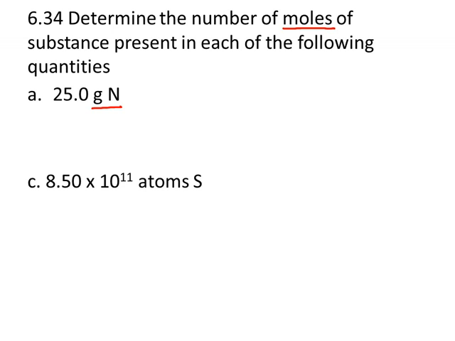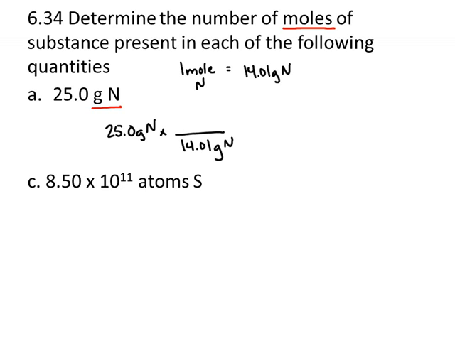So I know that 1 mole of any substance on the periodic table is equal to its mass in grams. So 1 mole of N equals 14.01 grams of N. So I can take my 25.0 grams of N, and I can divide by 14.01 grams of N and multiply by 1 mole of N to change my units. 25 divided by 14.01 gives me 1.78 moles N.